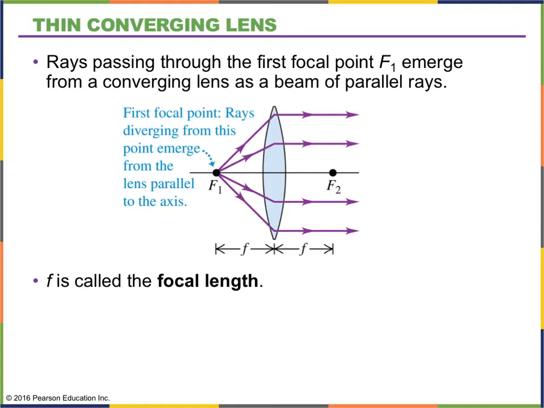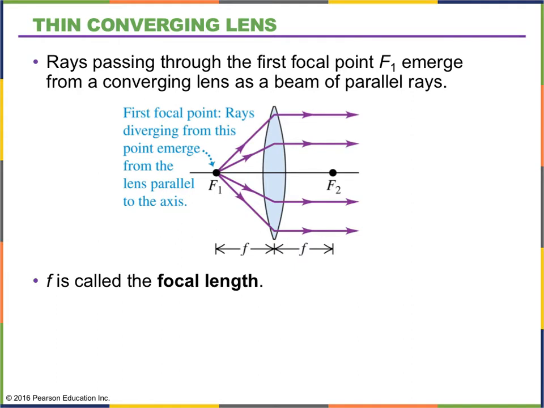So there's actually a focal point in front of the lens and in back of the lens for each surface. This picture is showing that if all the light originates at the focal point in front of the lens, when it passes through the lens and is refracted, it'll be bent in a way so that the light rays that emerge from the lens are all parallel to each other.